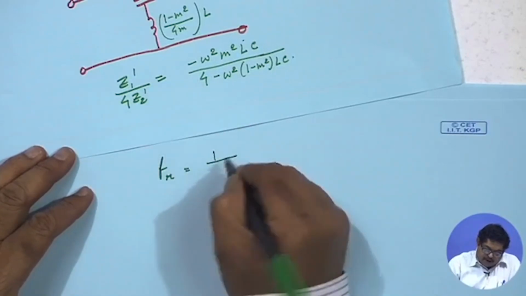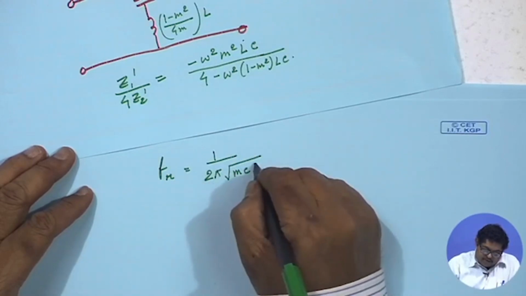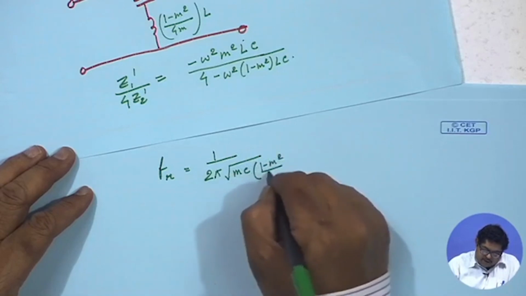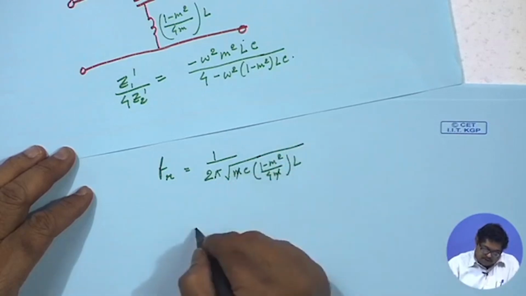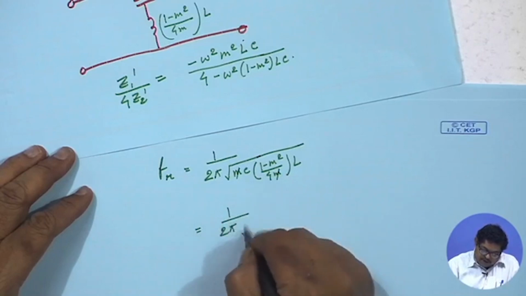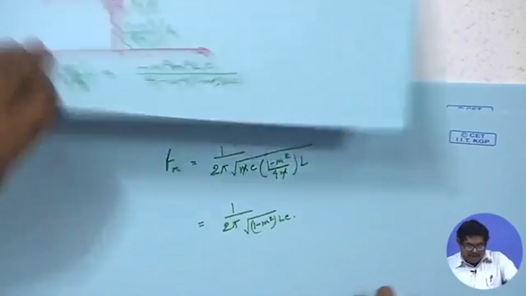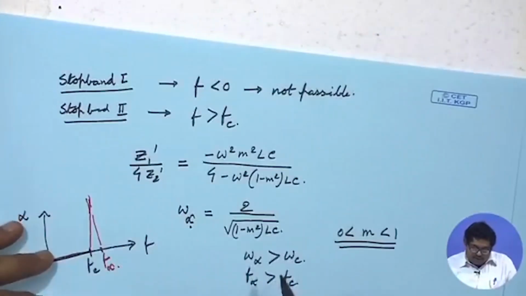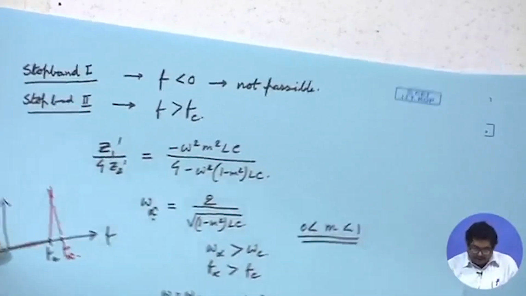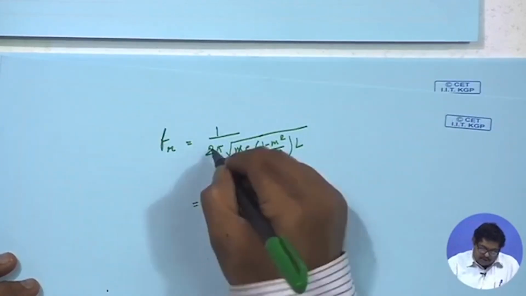1 by 2 pi root over m c into 1 minus m square by 4 m into L. This m and m goes, and so I get 1 by 2 pi root over 1 minus m square L c, which is nothing but my f infinity.